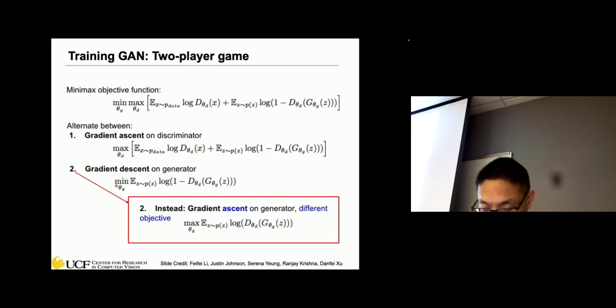In the next step, we do gradient descent on the generator. That's how we do the alternating optimization for these two networks.